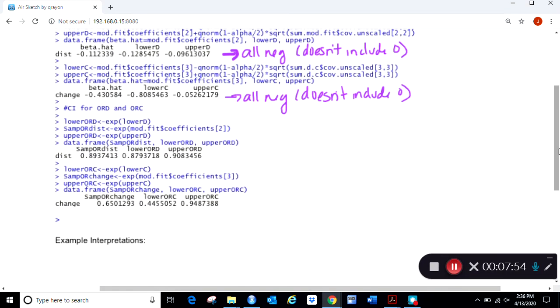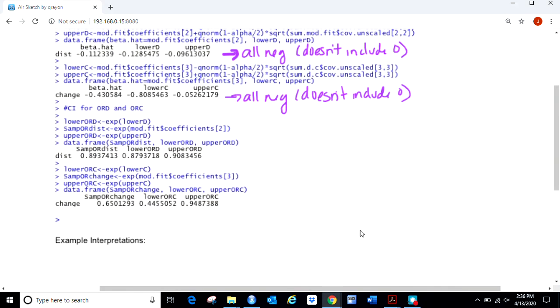Now let's look at our confidence intervals for our odds ratios. So first, remember our key number for an odds ratio is 1. You'll notice that neither of these confidence intervals includes 1. However, they're actually both less than 1. So this is where I'd actually like to invert it for interpretation purposes.